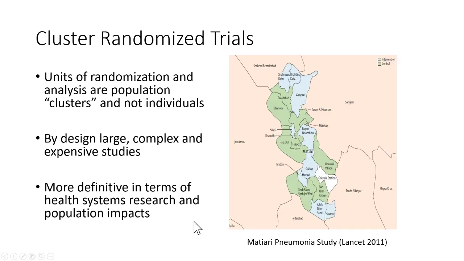So in one example, in this big pneumonia study that we did in rural Sindh, we allocated various union councils to receive the intervention and other union councils as being control areas. Now you can imagine that you're talking about here in Matiari about 1 million people.